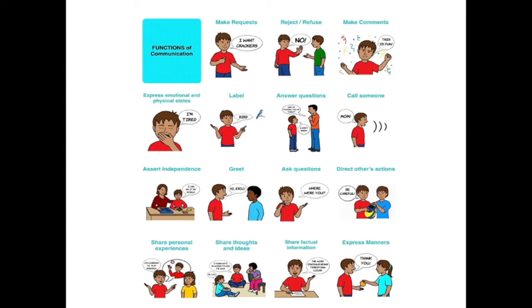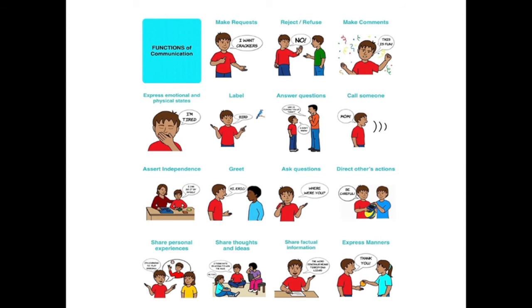So here's a nice visual of some of the functions of communication, which were discussed earlier. We use communication often to make requests, such as, I want crackers. However, it's often tempting to stick to requesting, such as, I want ball, I want cookie, before moving on to teaching other functions.